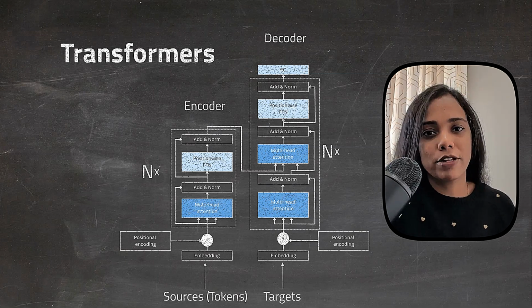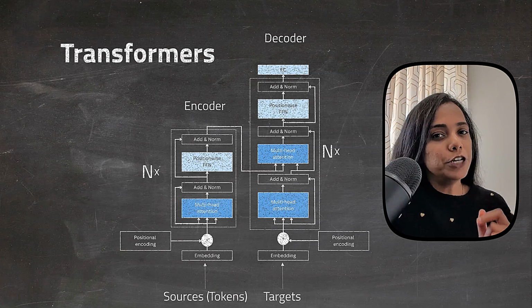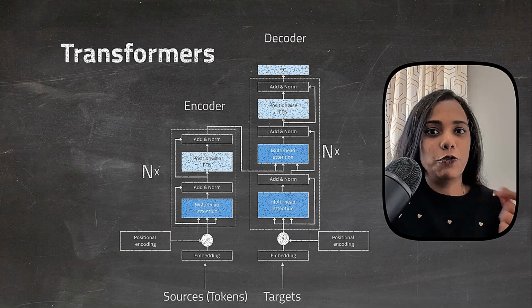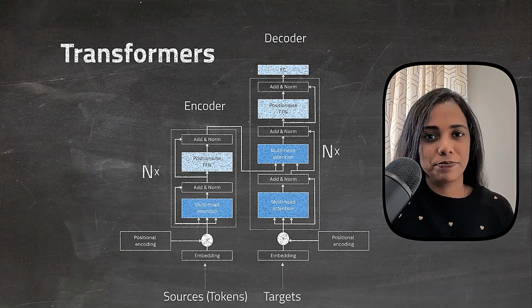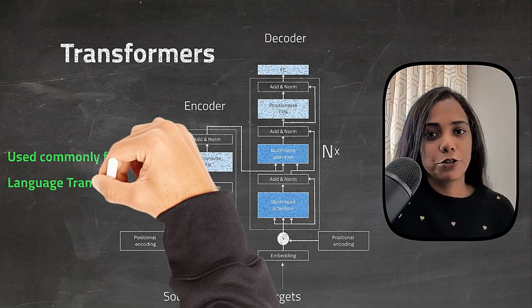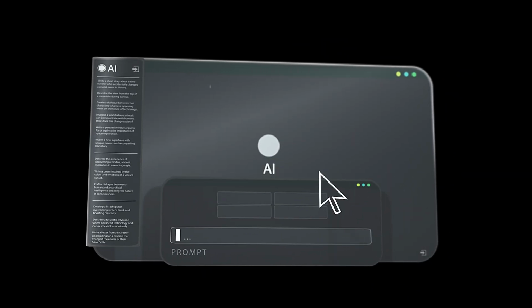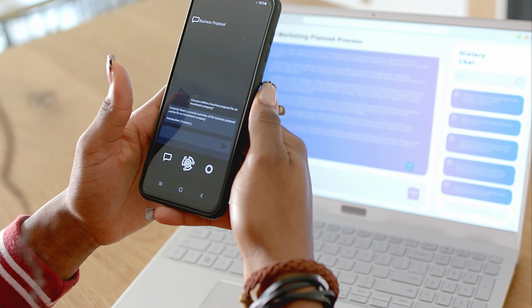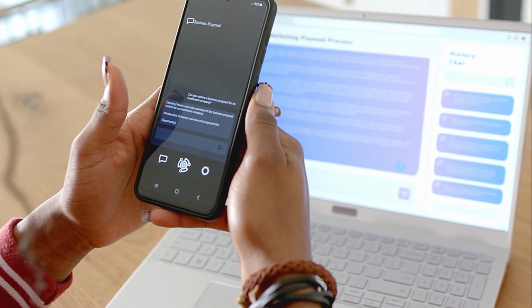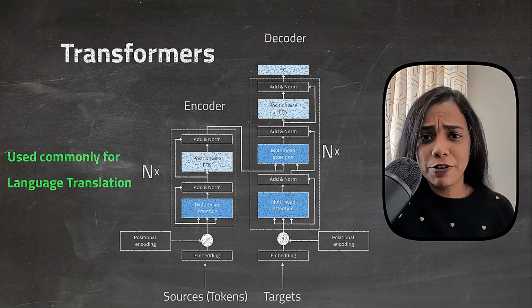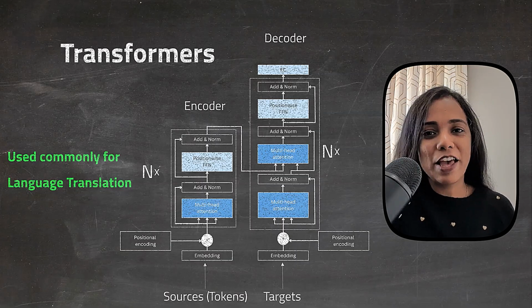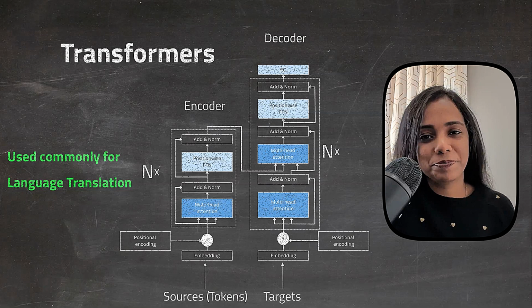So typically, they process these in parallel and learn which words relate to which. So they capture the context. This architecture powers many modern language models that can translate text, that can create human-like sentences, and talk to you almost like a human. I'm sure you're familiar with a bunch of them. They have been really, really popular.